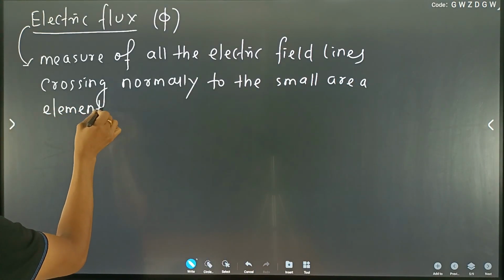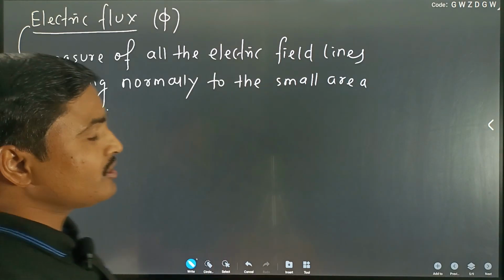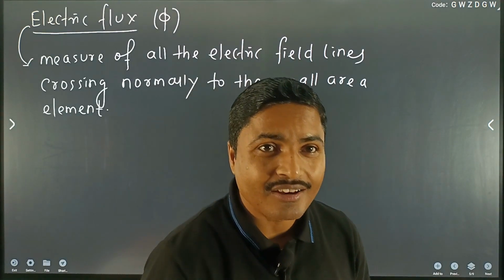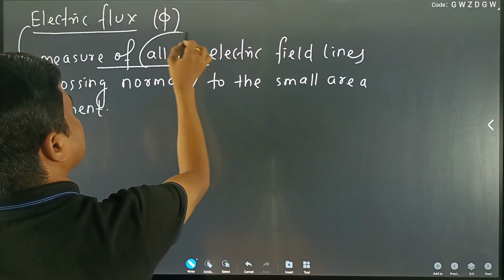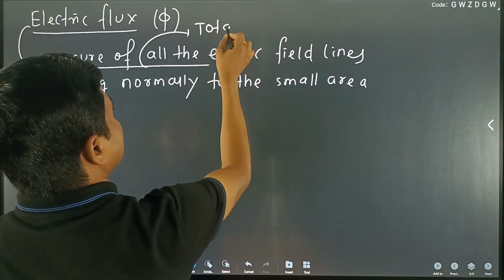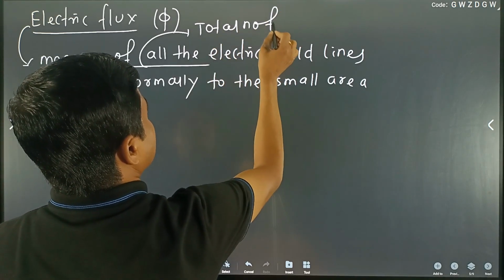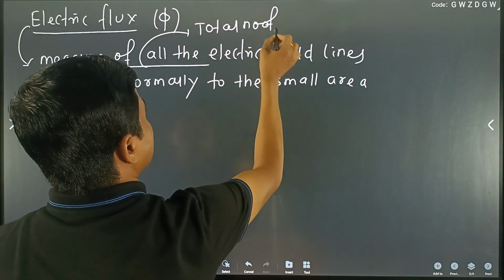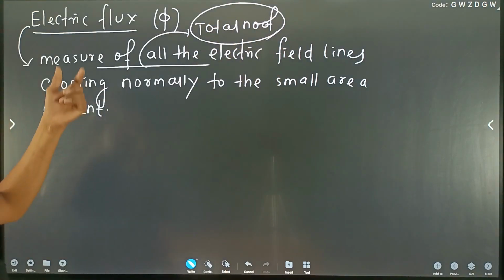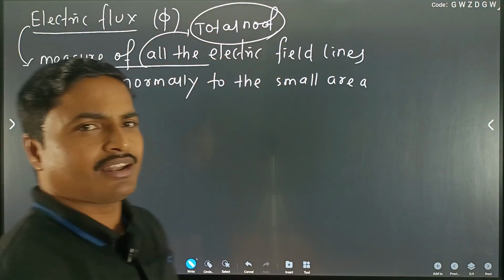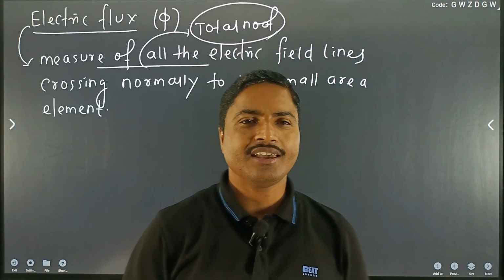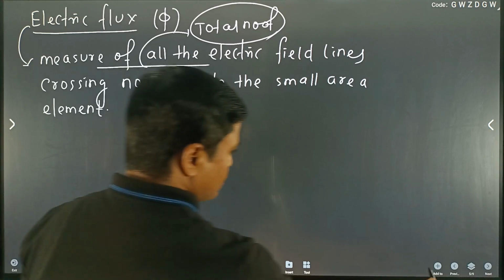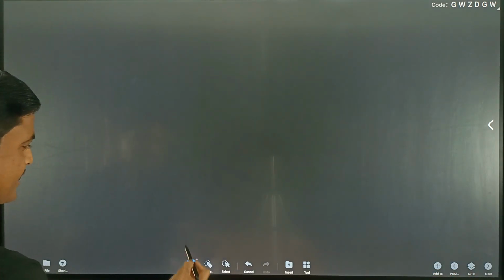Clear? That measures the total number of electric field lines crossing normally to the small area element. Clear?